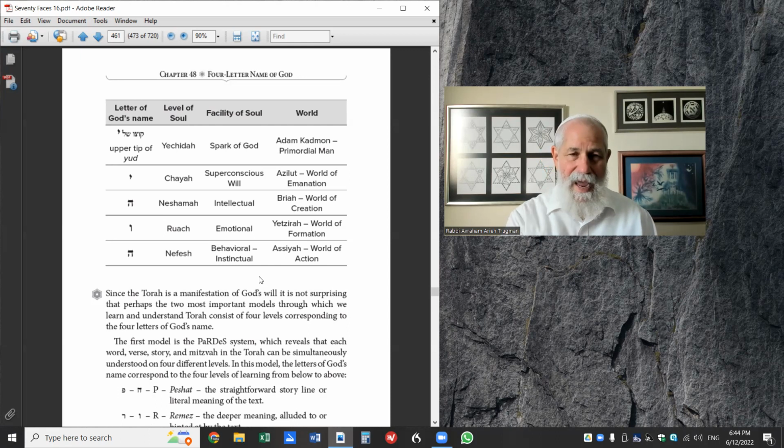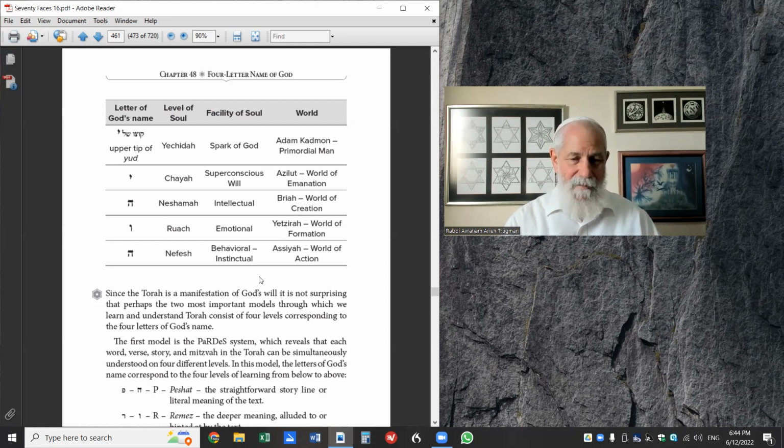But what we're adding here is, how do the letters of God's name relate to the five levels of soul? And how do the five levels of soul relate to the five different worlds? So again, as I'm speaking, hopefully everyone is looking at the chart.